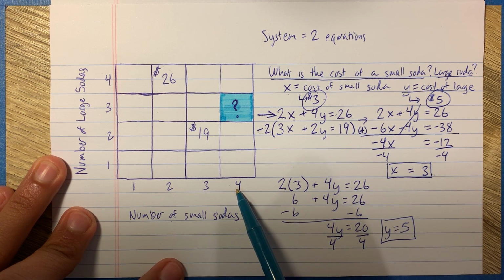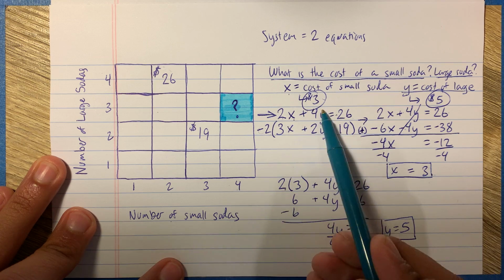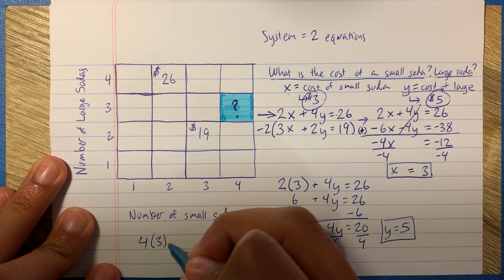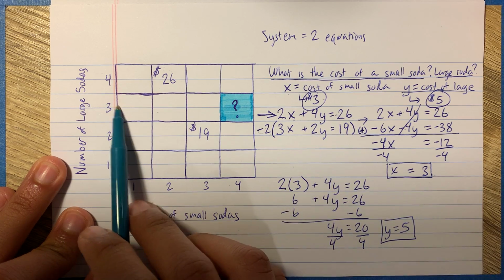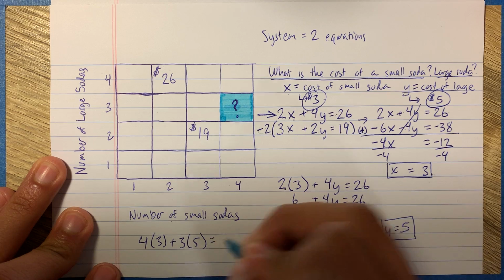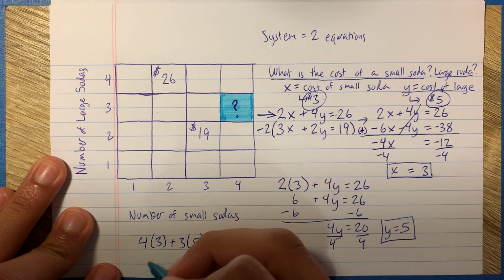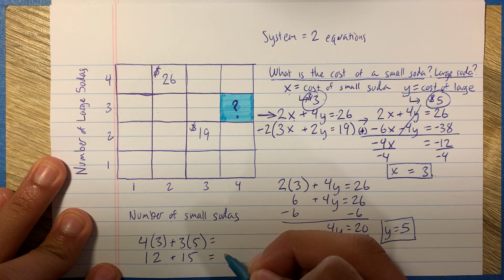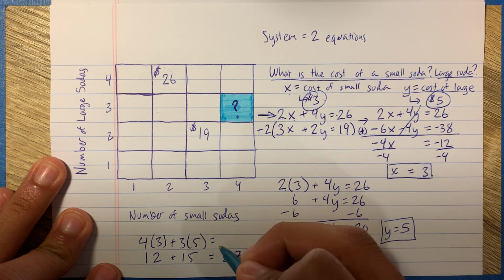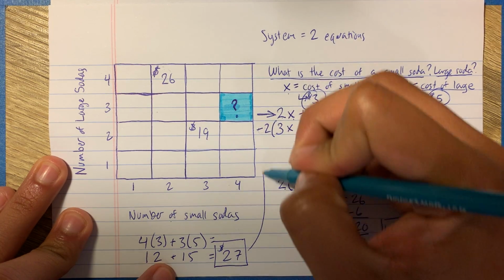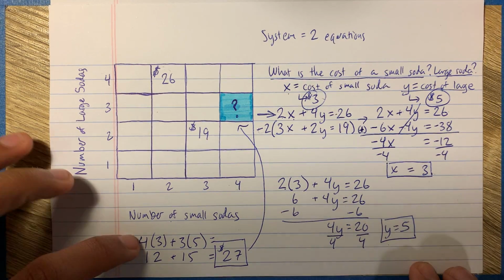I have to do 4 times the cost of a small soda, 4 times 3, plus 3 times the cost of a large soda, which is 5. That's going to get me this mystery value. So I'm going to do 12 plus 15, and that gets me $27. So that would be the value of my mystery square.